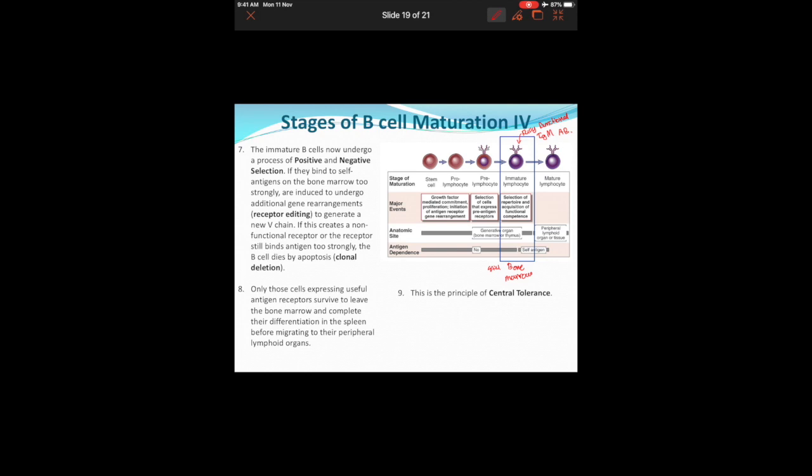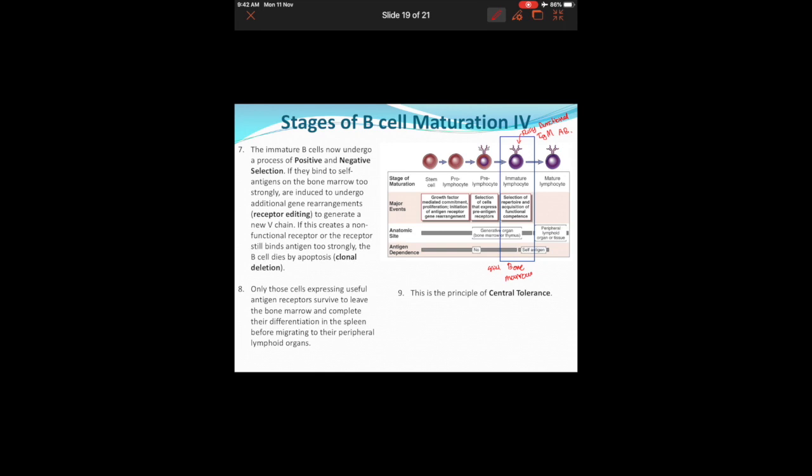And if they see these self-antigens with too high an affinity, then that generates a strong signal into that B cell which can cause it to die by apoptosis. And you can understand why that's happening. Exactly, because if it recognizes self-antigen with too high an affinity, it can cause autoimmune reactions. So in this way, the system is preventing potentially autoreactive B cell antibodies from being formed.